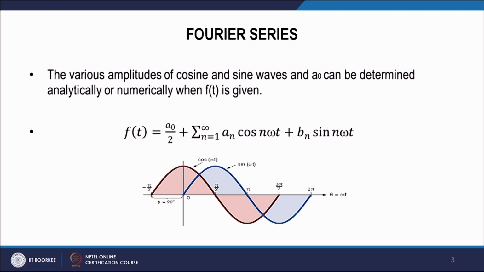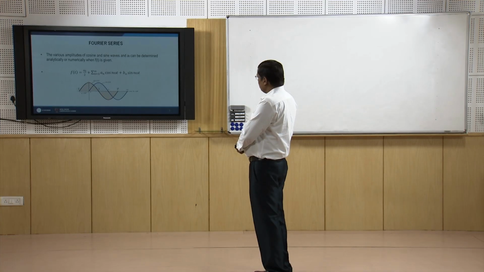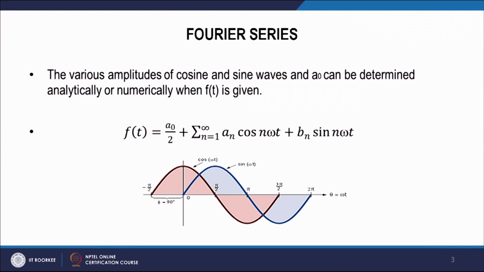Similarly, the cosine function is maximum at 0, then 0 at pi by 2, then negative maximum at pi, and then again 0 at 3 pi by 2, and then again it will be maximum at 2 pi. So, it will complete one cycle.